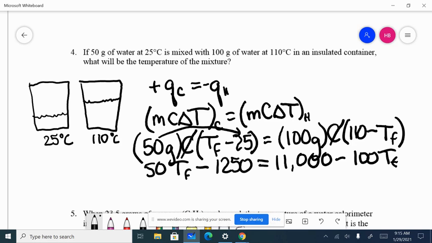So we're going to rearrange to solve for the final temperature. And we're going to get 150 TF is equal to 12250.